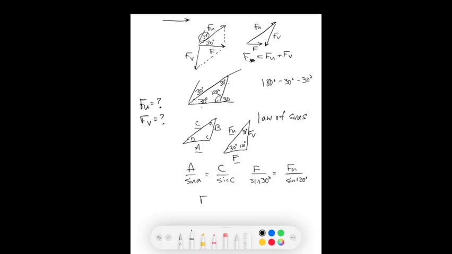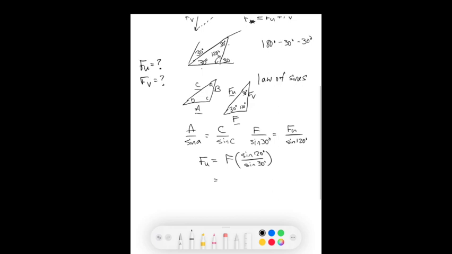We solve for FU. We see that FU is equal to F times the sine of 120 degrees over the sine of 30 degrees. And when we solve for that, we find that FU is equal to 1,039 pounds. Again, so here's 4 significant digits. We don't need any decimals because there's already 4 significant digits.